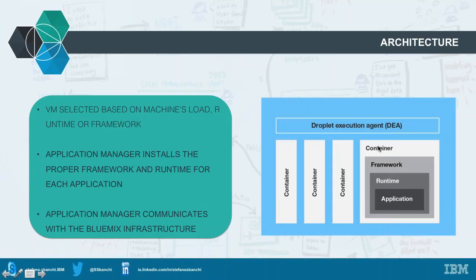Every time that you push an app on Bluemix, a container is created. And then the container is hosted in a virtual machine, and all the data center of SoftLayer will gather more than one virtual machine. And I will show you later, but you have two ways of working on Bluemix.